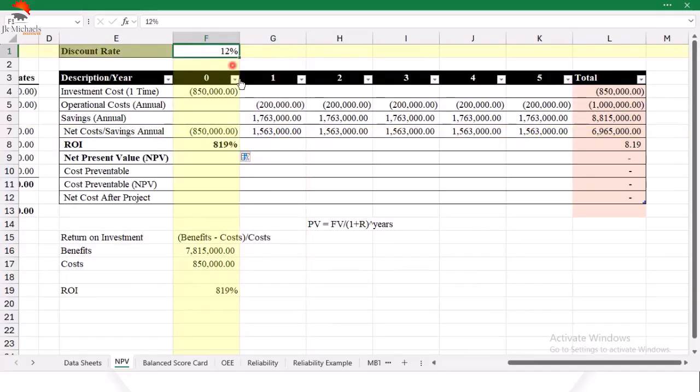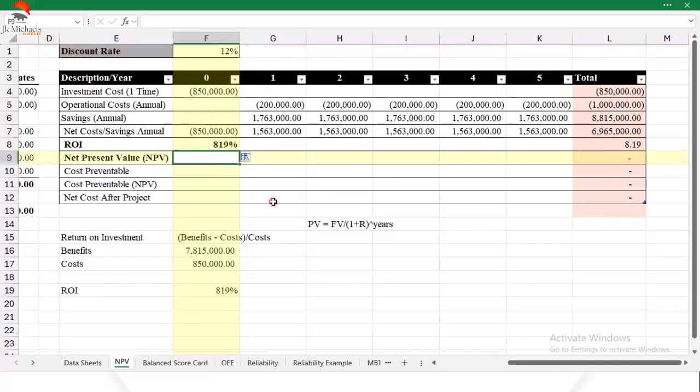Now, the formula to take each of these monies earned in the future periods and bring them down to the present value: converting to present value will require that you take the future value, which is all these values, divided by 1 plus the interest rate, which is our discount rate, which is 12% right here, raised to the power of the years in question.